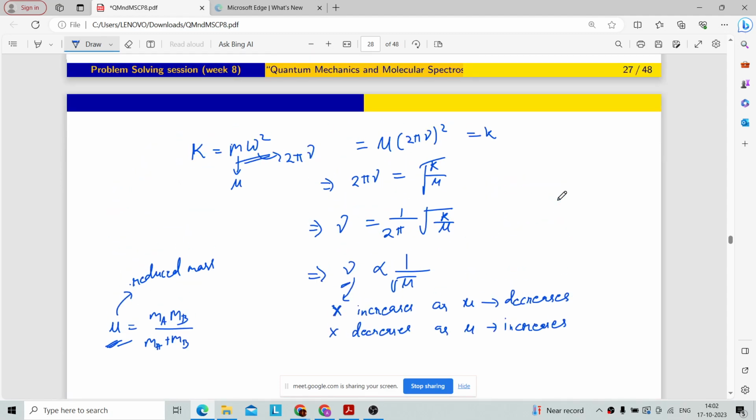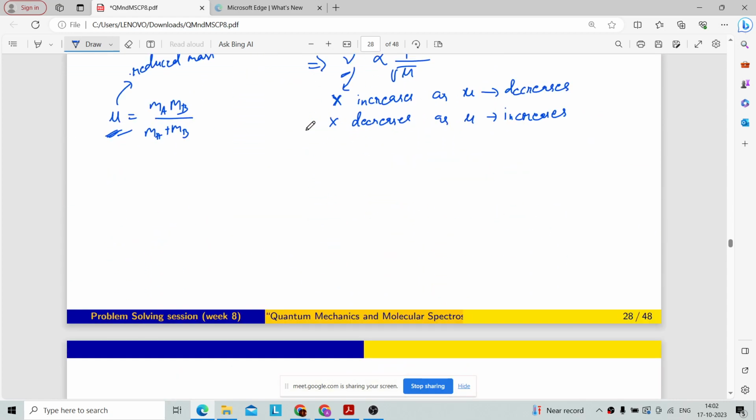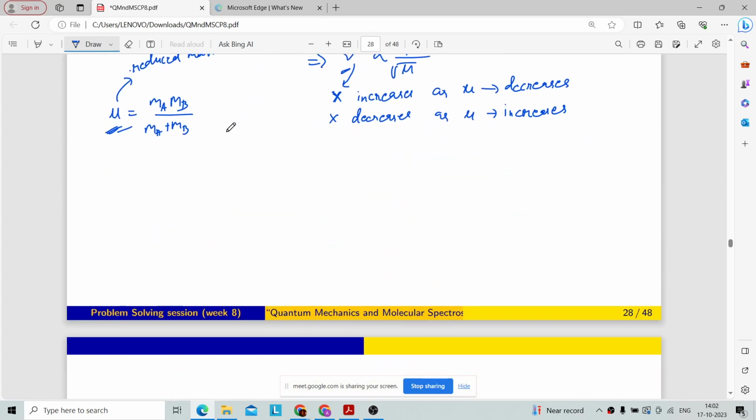Okay, so we have 3 isomers: OH, O2H, O3H. So what will be the relation between the reduced masses of these?